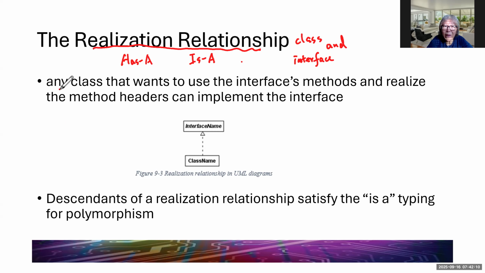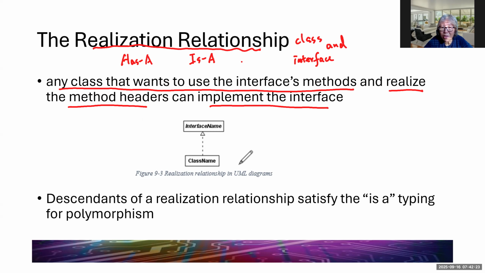Any class that wants to use the interface methods and implement them can implement the interface. This relationship we call the realization relationship. In a UML diagram, if a class implements an interface, you draw a dashed arrow from the class to the interface, not like inheritance from subclass to superclass, which is a solid arrow.